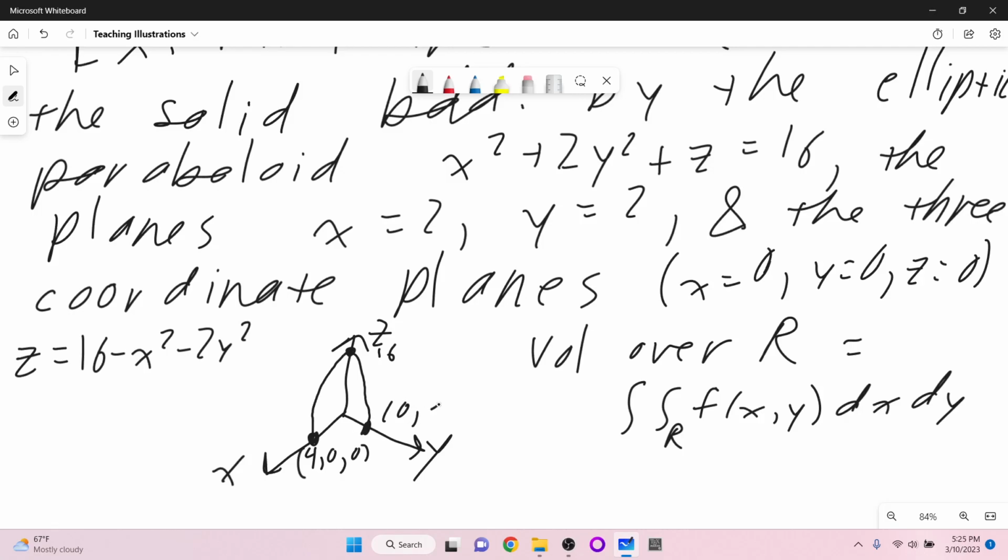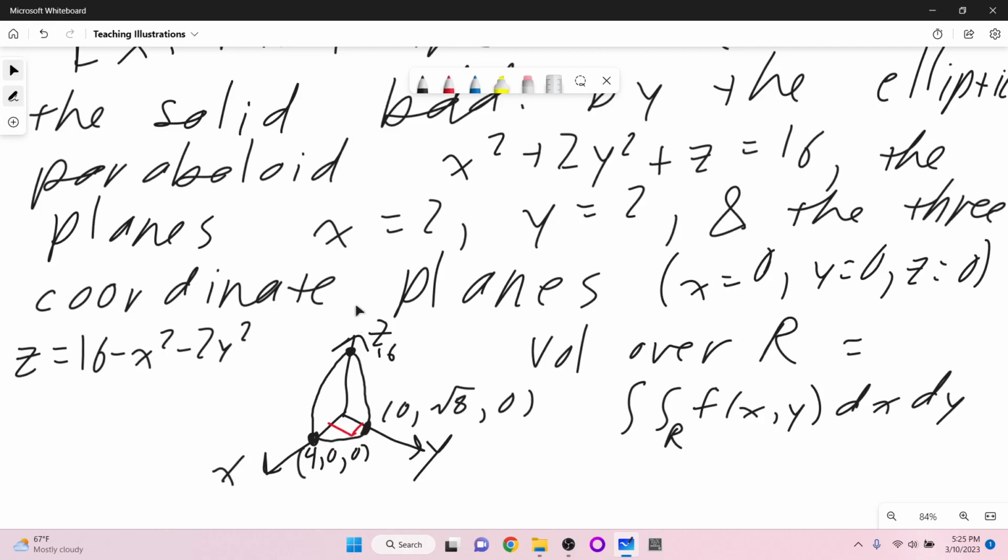It's 0, root 8, 0. And then we also have the planes x is 2 and y is 2. So that would really just cut our base here. Instead of being this entire elliptical region, we're just going to do a square.